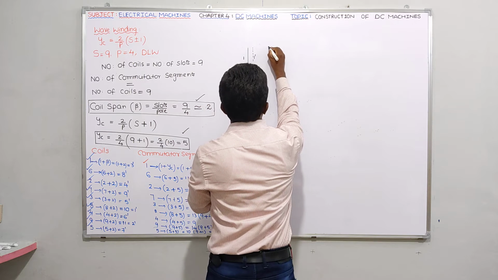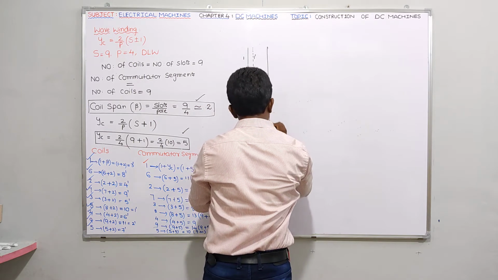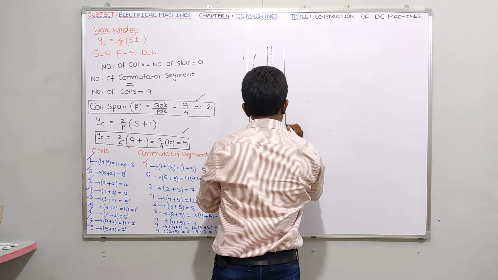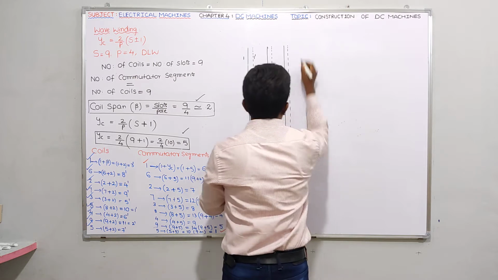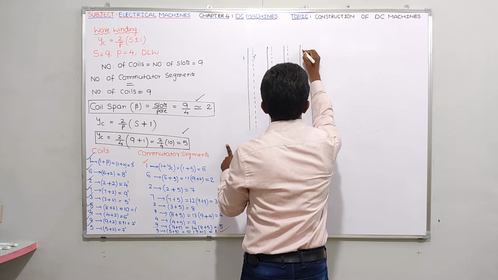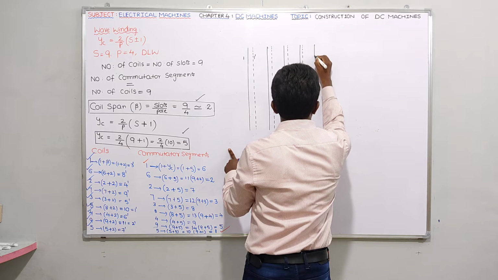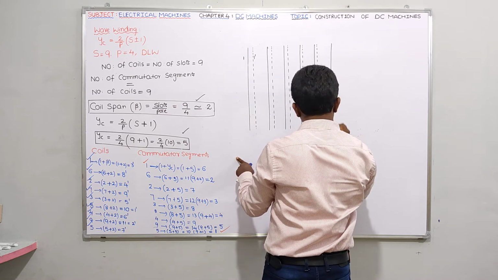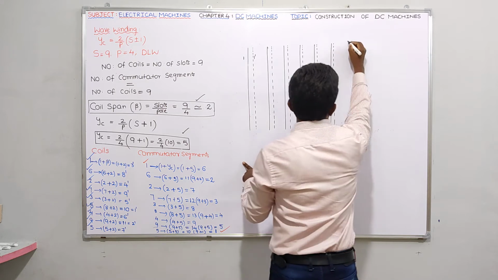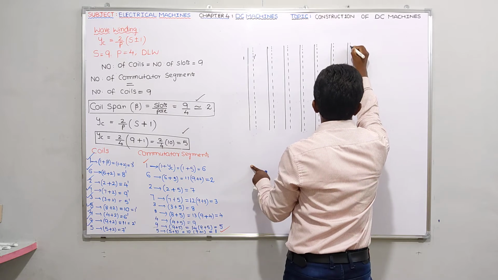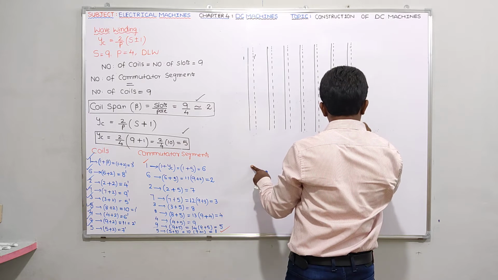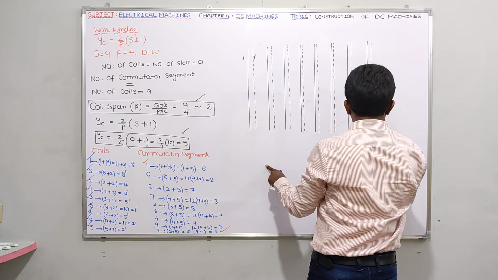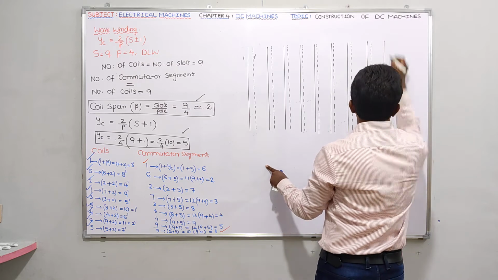Please try to draw with me. It's very simple. 2 dash, 3 dash, 4 dash, 5 dash, 6 dash, 7 dash, 8 dash, and 9 dash.